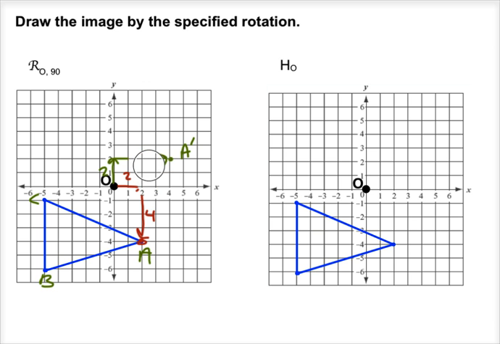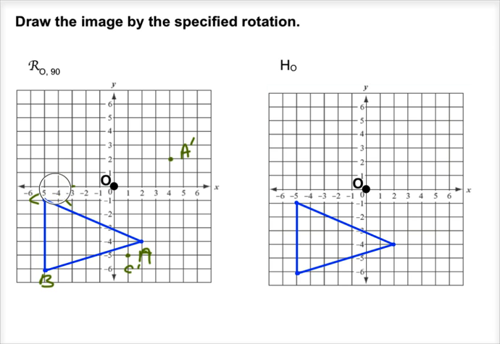Now I work my way through the other points, thinking the same thing as I do all of them. Let's say, point C. Point C is 5 to the left and down 1. And if I rotate that this way, instead of going 5 left, I'm going to come 5 down and then right 1. And here's going to be the new location for C prime.